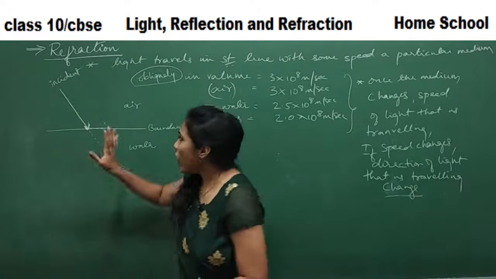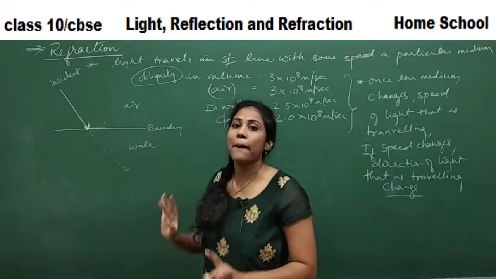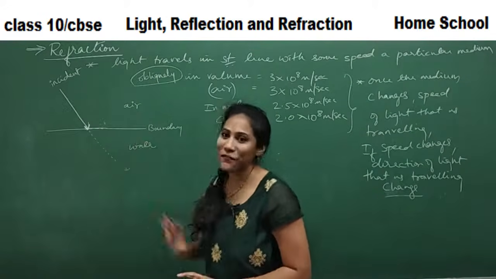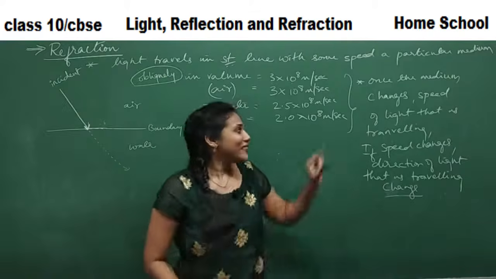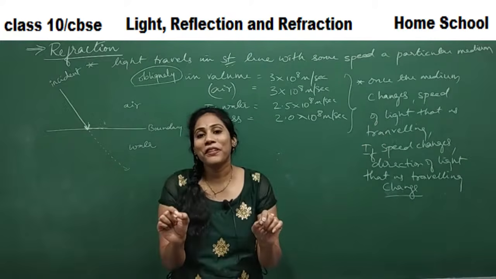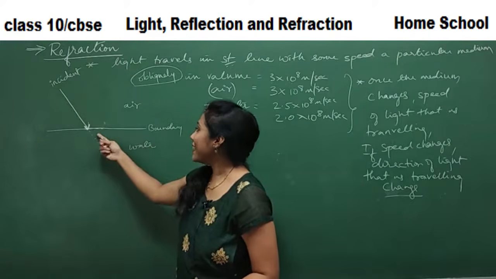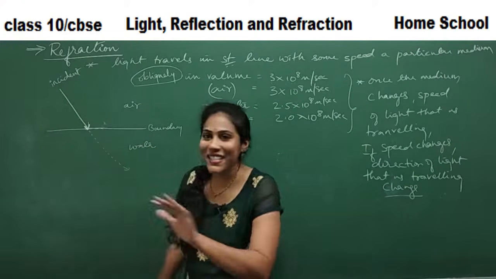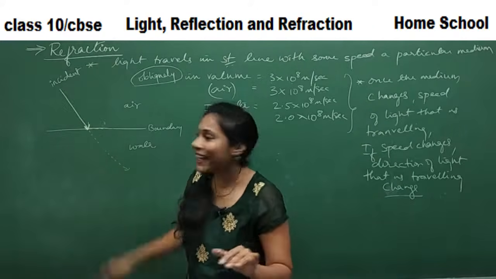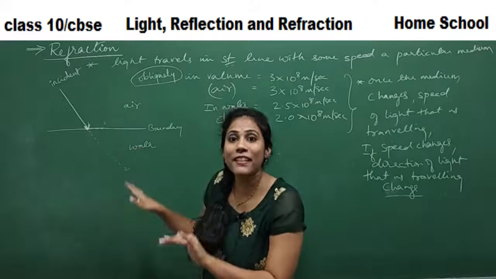Yes or no? So normally speaking, the light ray comes and goes like this, we think. But see, the medium is different. What I told you, the speed of light is different in different media. The light travels very fast in air, but in water, the way it is traveling has become a little slow.